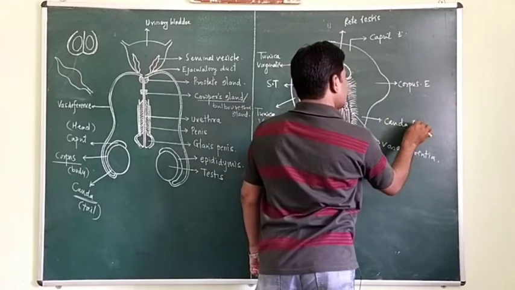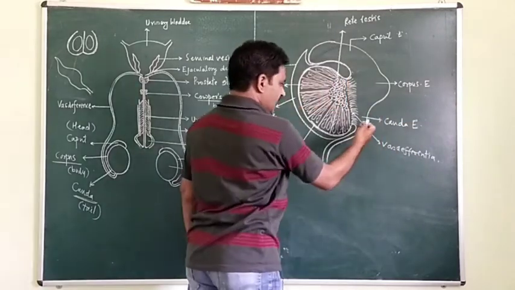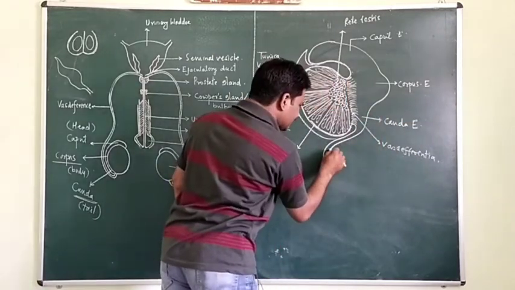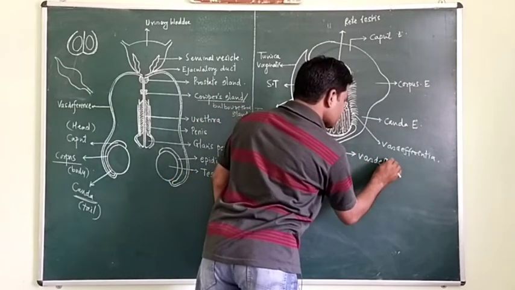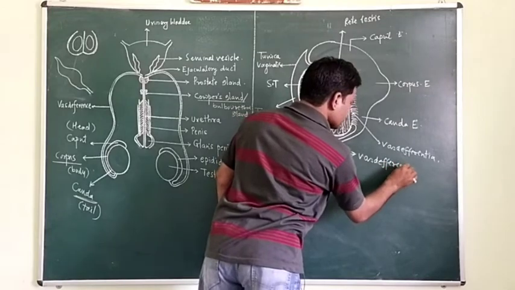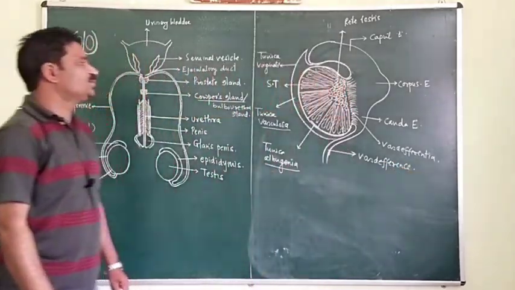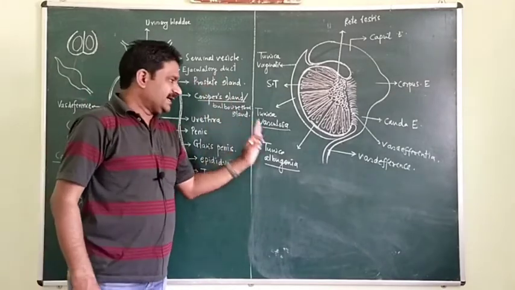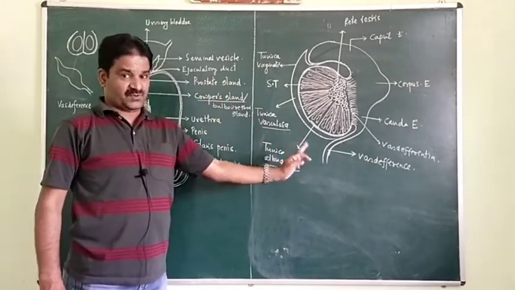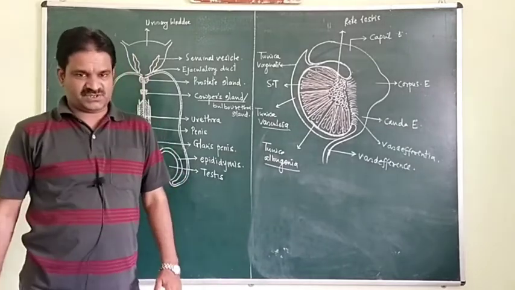Finally, the cauda epididymis continues into a tube, the vas deferens. This is the vertical section, the VS of the testis.